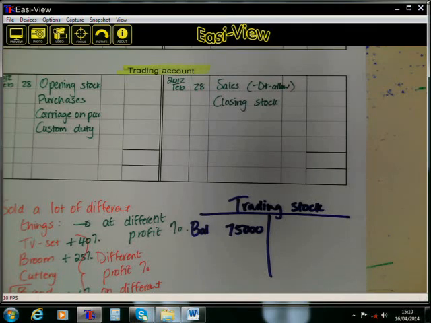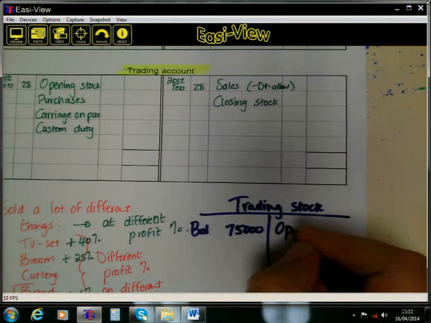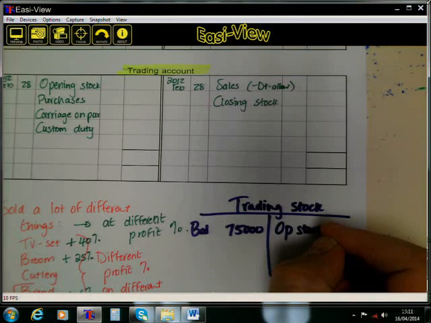The moment they do another physical stock taking at the end of the year, then you take the 75,000 and you take it to opening stock.